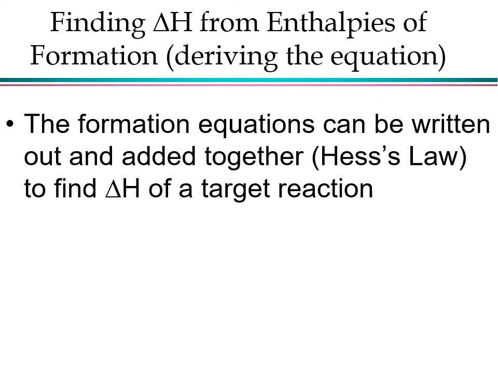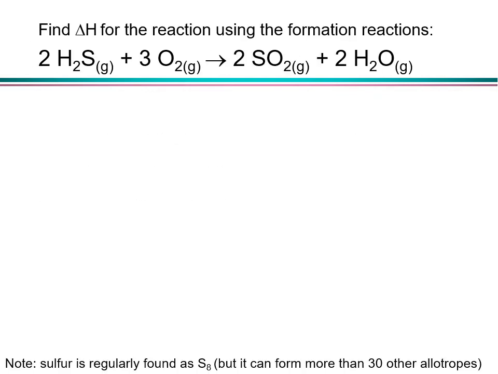So essentially, these are a whole big long list of given equations for which we have the enthalpy values. So let's say this is our target reaction. Instead of before with Hess's law, where we're given a bunch of equations already and we have to manipulate and rearrange them to sum up to give us our target reaction so that we could find the delta H, what we can do now is say, okay, let's just look up this compound in our heats of formation table, and we know that we can take a formation equation for that compound, and we know what the delta H is of it.